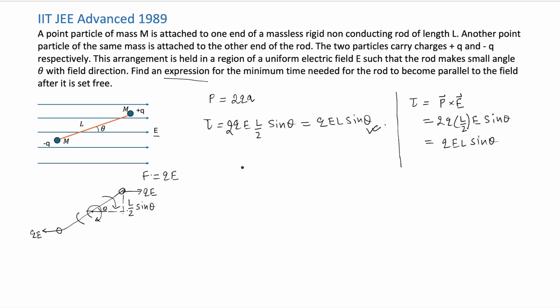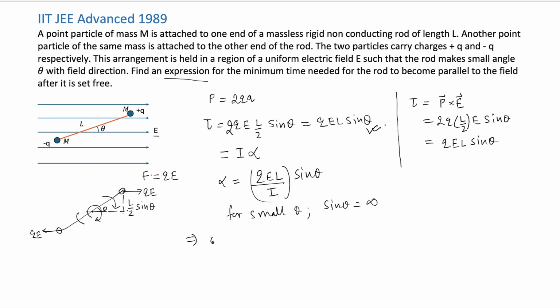Okay, and this is going to turn the rod, and therefore this will have an angular acceleration alpha. So let's say I alpha. Alpha is equal to QEL by I sine theta, and for small theta, sine theta is theta.